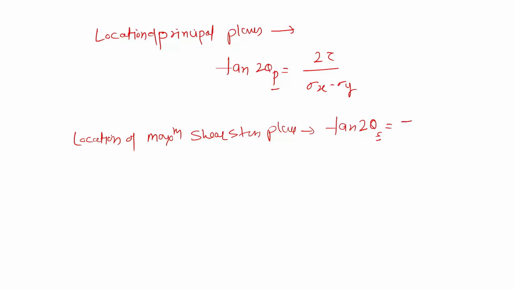So this is given by minus (sigma x minus sigma y) divided by 2 tau.